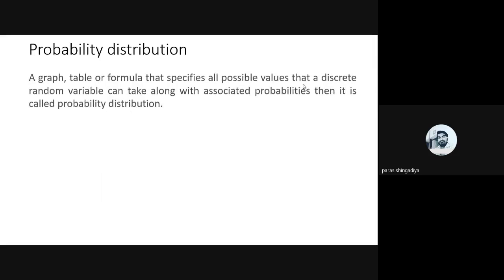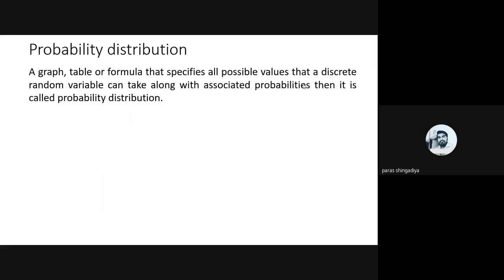And then next is probability distribution. Now we will apply probability to random variable data. For any random experiment, how can we check the probability? So let us first discuss probability distribution.